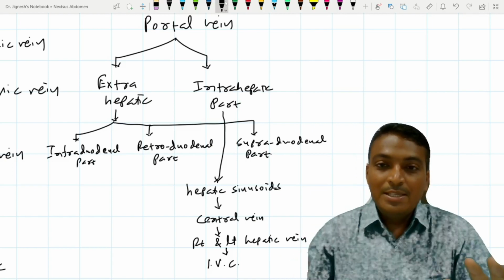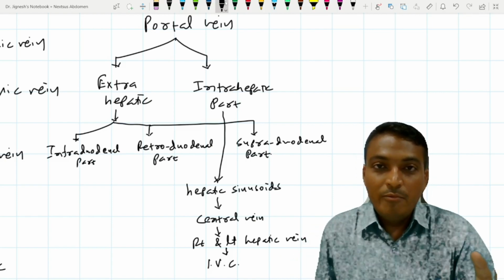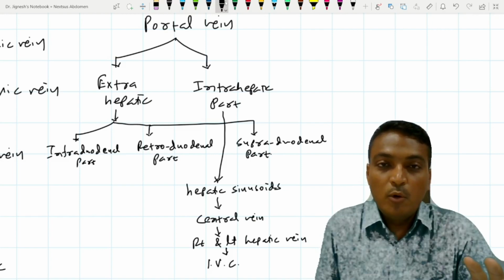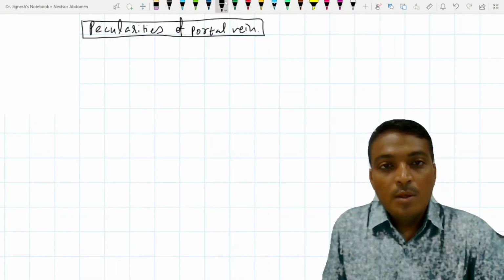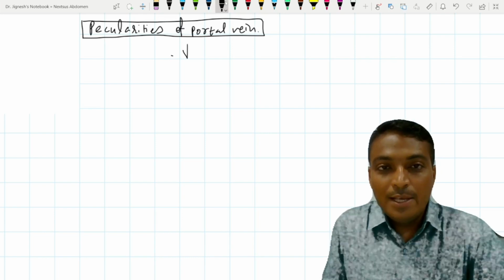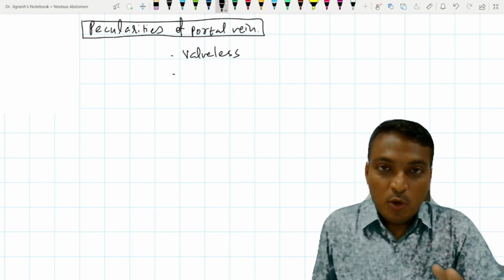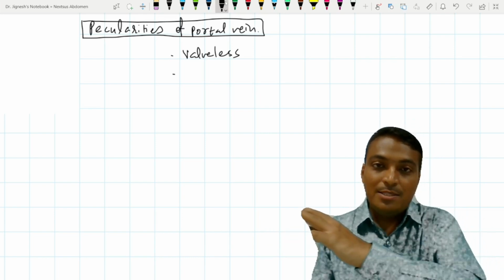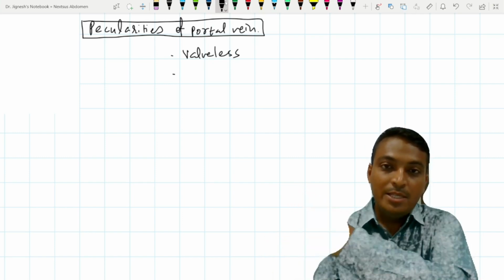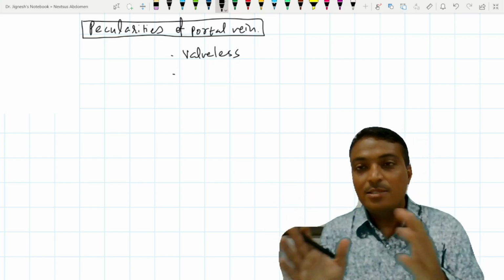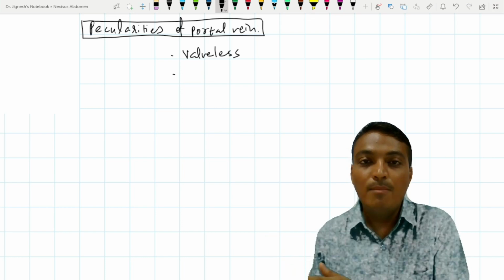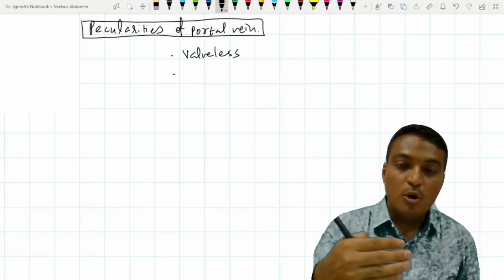Now, when we see the peculiarities, there are some very important peculiarities of the portal vein. This portal vein is valveless, as it starts from the veins of the gastrointestinal tract as well as the spleen, pancreas and the gallbladder, and they form the trunk of the portal vein.